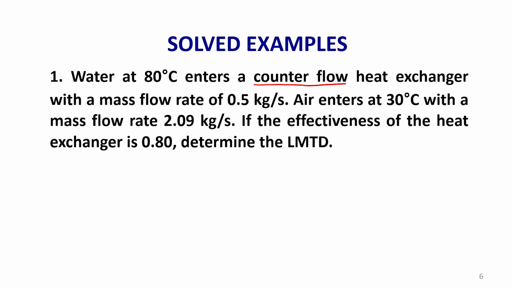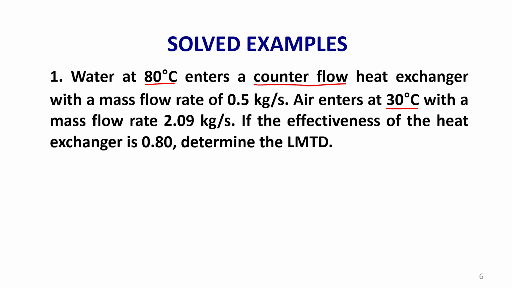Here only two temperatures are given, capital T1 and small t1. That is, both the hot fluid and cold fluid inlet temperatures are given. The outlet temperatures of the hot fluid and the cold fluid are not given. So, if I have to use the LMTD method to find the LMTD, it is not possible, because out of 4 temperatures only 2 are known.